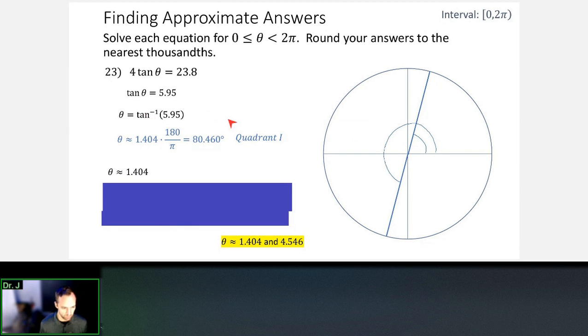So tangent is y over x. With tangent lines, they reflect diagonally. So this piece reflects from this piece and vice versa. So we just extend this line for our tangent solutions. And then we want to fill in some stuff. So this line right here, we know is 1.404 radians. So we're going to write that in.